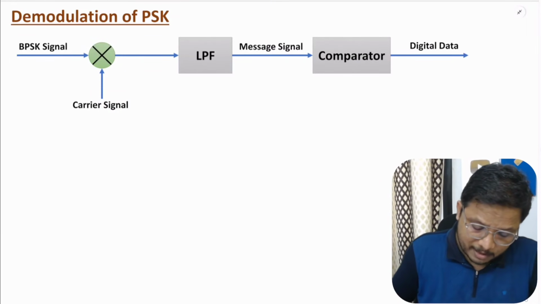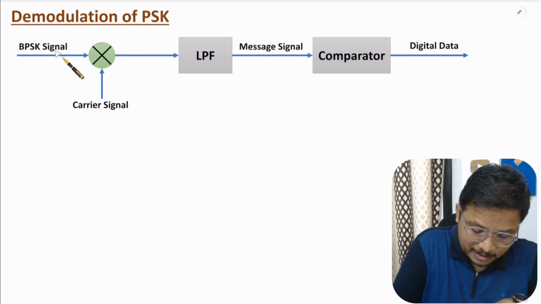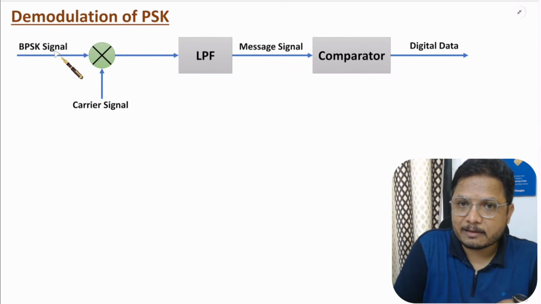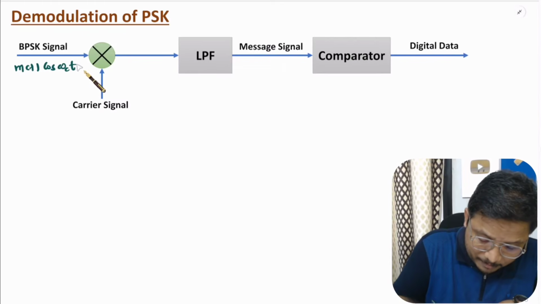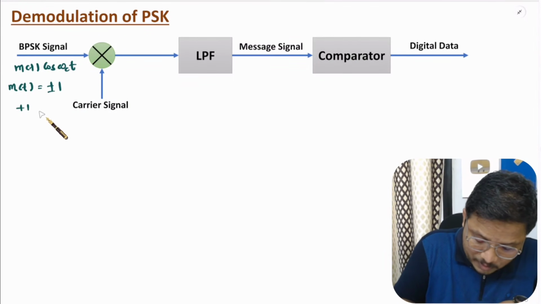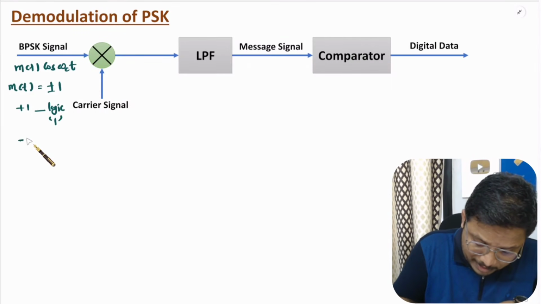So you can observe here we have a BPSK signal. What is the BPSK signal? That is m(t) into cos(ωct). One should know this m(t) is plus or minus 1, where plus 1 is associated with logic 1, and minus 1 is associated with logic 0, right?